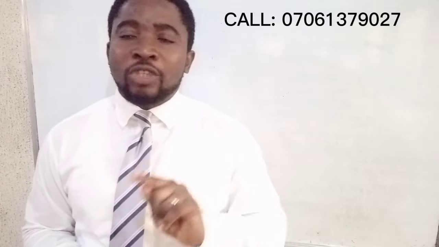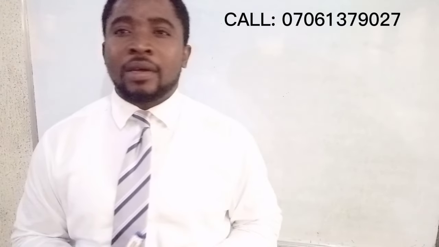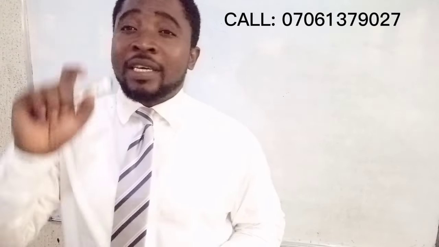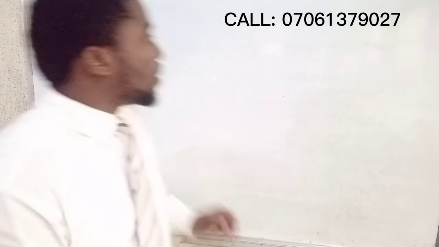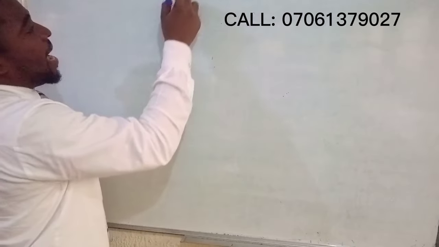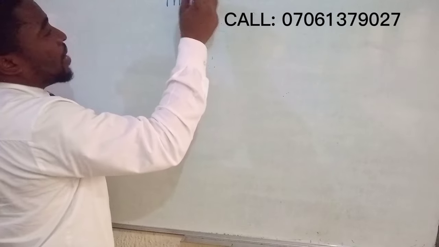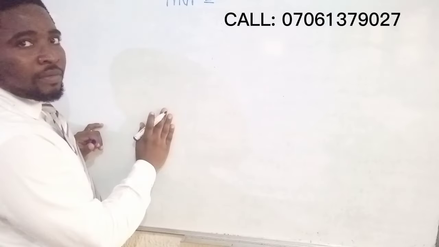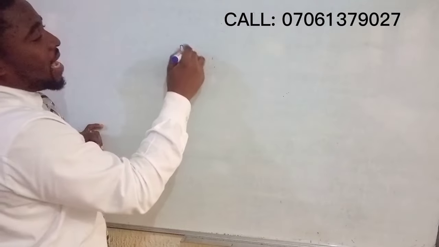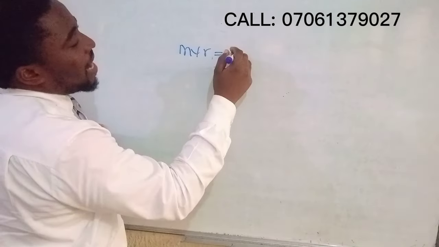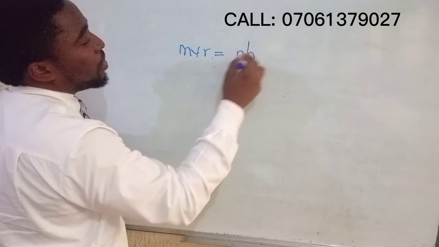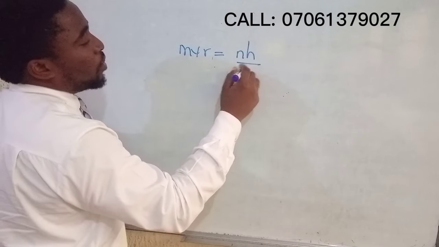So he opined that the angular momentum of an electron is quantized by a discrete value, which he gave the formula as nh over 2 pi. So mvr is the angular momentum of an electron. I don't know if you can see it. mvr, angular momentum of an electron, he said, is quantized by a discrete value, which he says is nh over 2 pi.